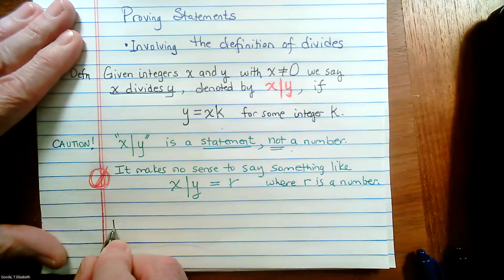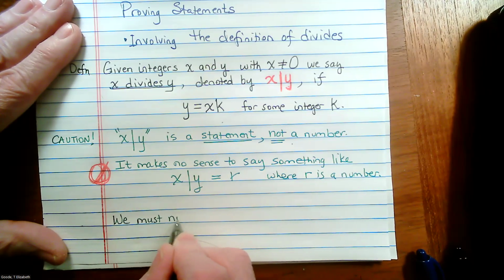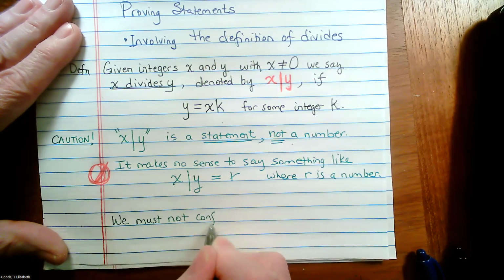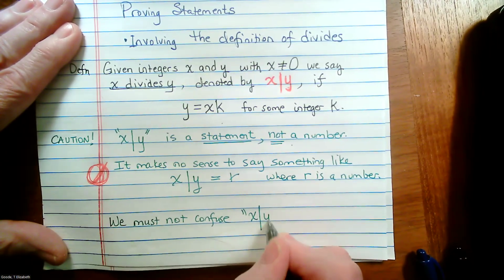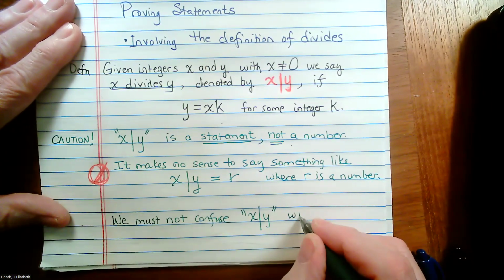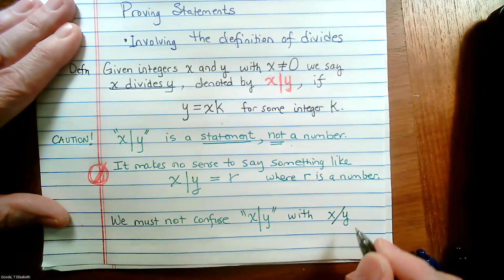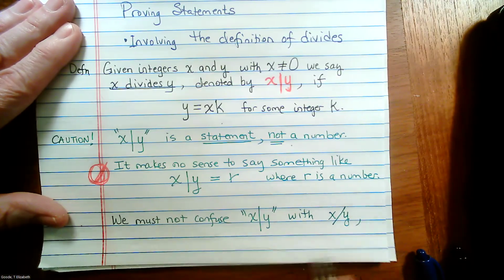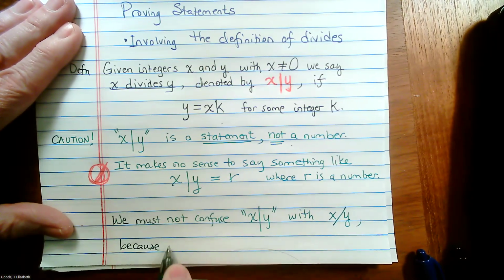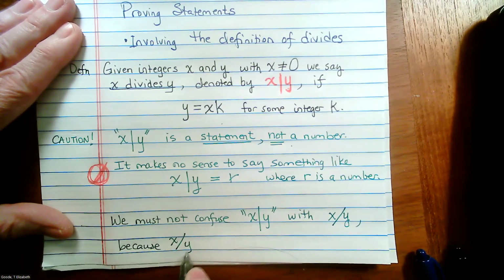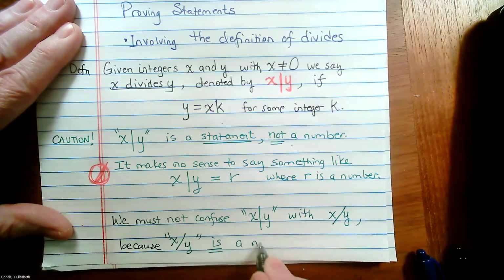So we must not confuse this notation, x divides y, with x divided by y, because x divided by y is a number.